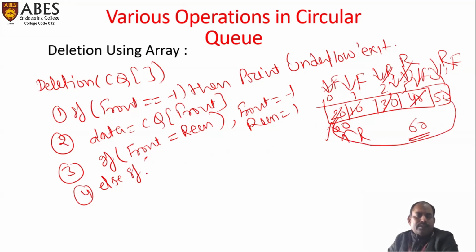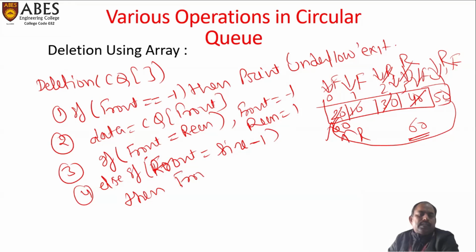For that we can write here: if front is equal to size minus 1, then set front at 0. Okay. In this way, front is moved from the last position to the first position.